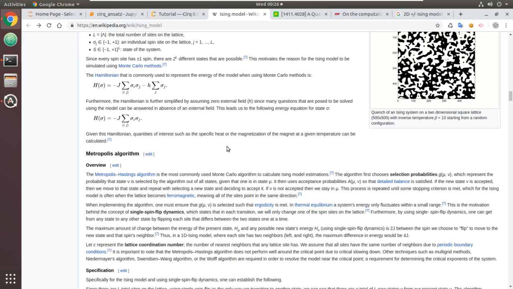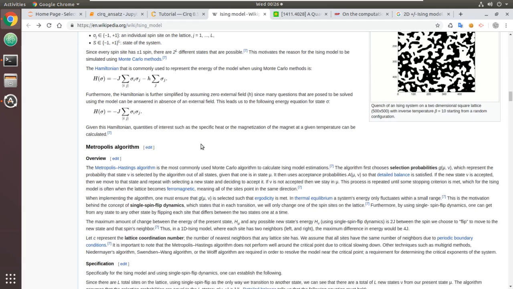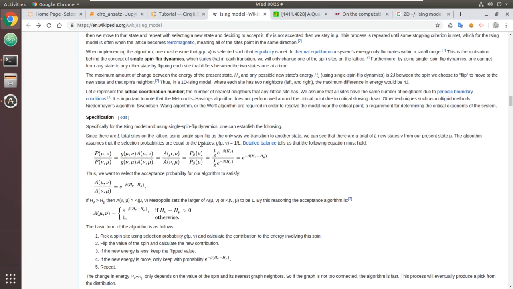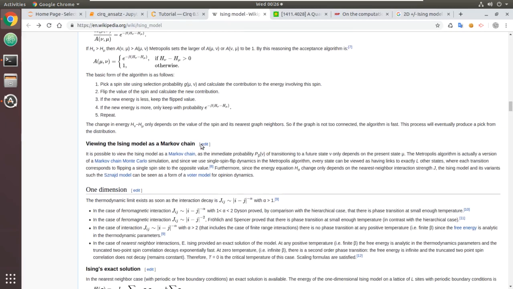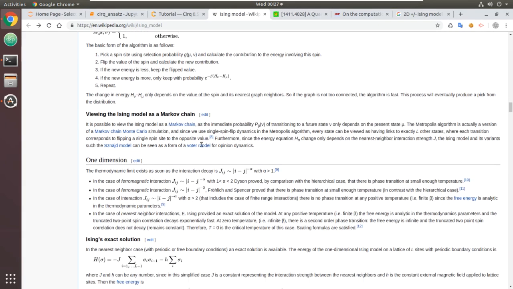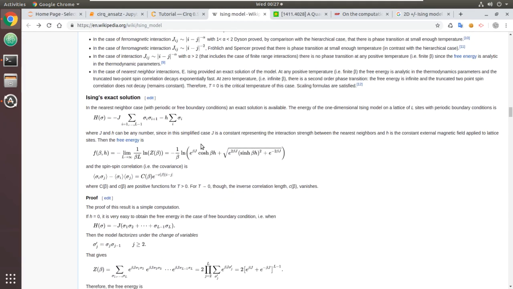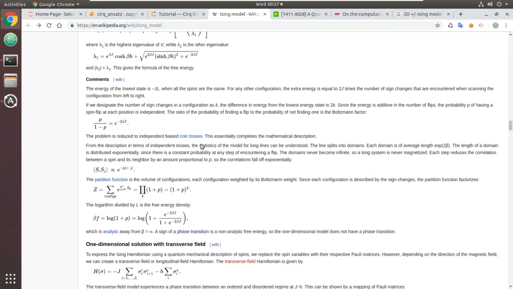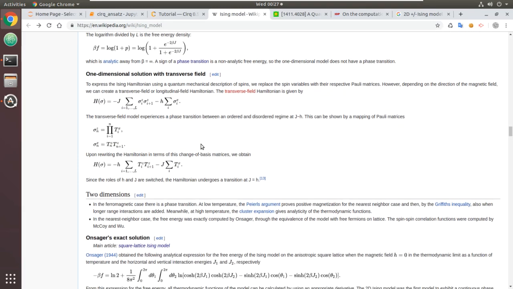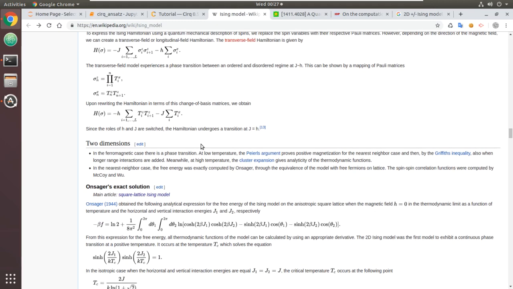Specifically, this is the following energy equation. There's another way of specifying this problem. One dimension has an exact solution. Two dimensions.